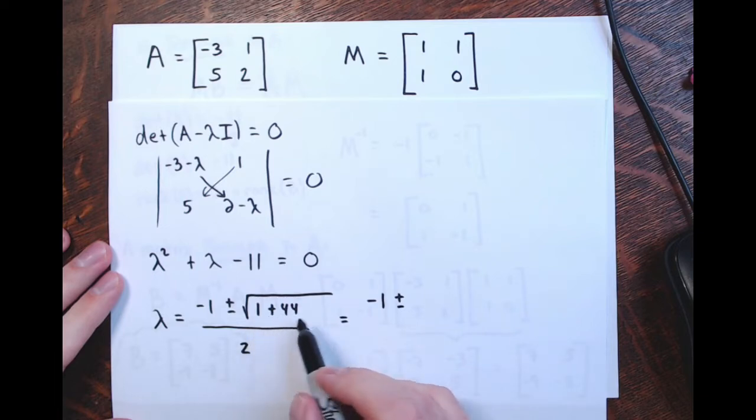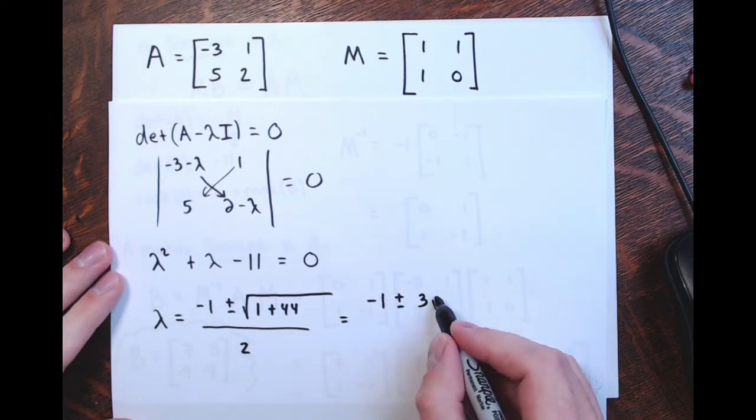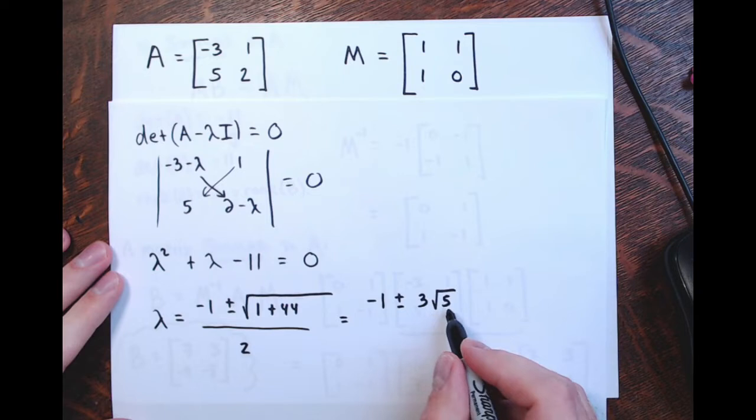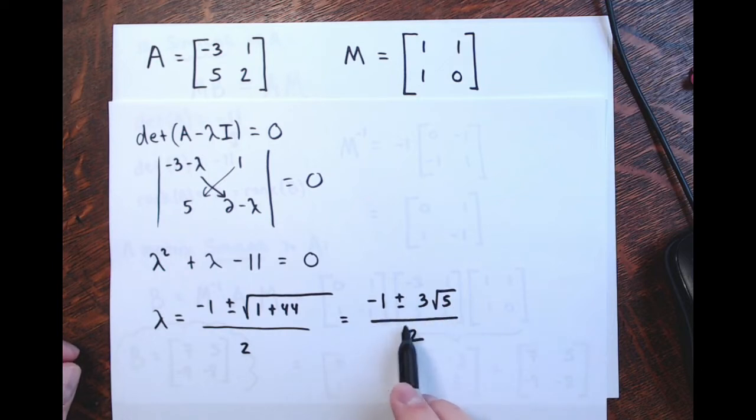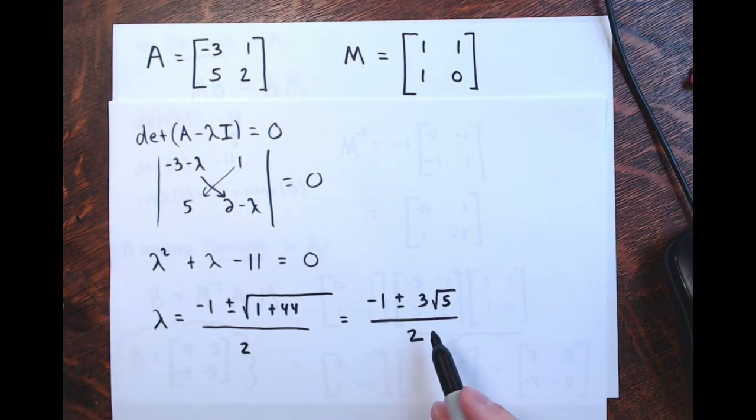Now the square root of 45 can be written as 3 times the square root of 5, the square root of 9 times the square root of 5. There we go: -1 plus 3 root 5 all over 2, -1 minus 3 root 5 all over 2. And this is the spectrum of matrix A, the set of all the eigenvalues.